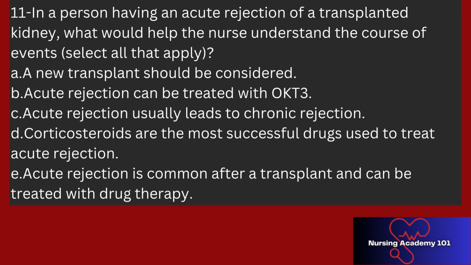D. Corticosteroids are the most successful drugs used to treat acute rejection. E. Acute rejection is common after a transplant and can be treated with drug therapy. The answer is B. Acute rejection can be treated with OKT3, and E. Acute rejection is common after a transplant and can be treated with drug therapy.